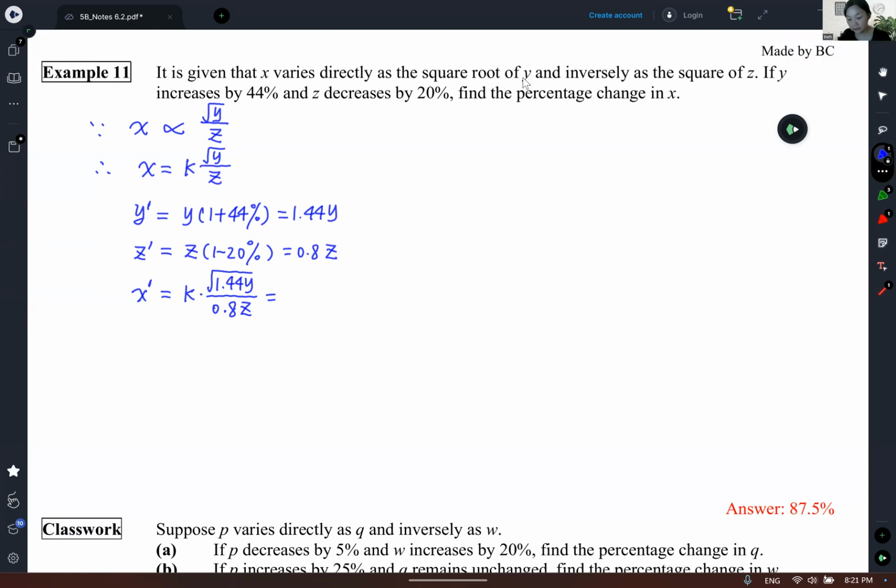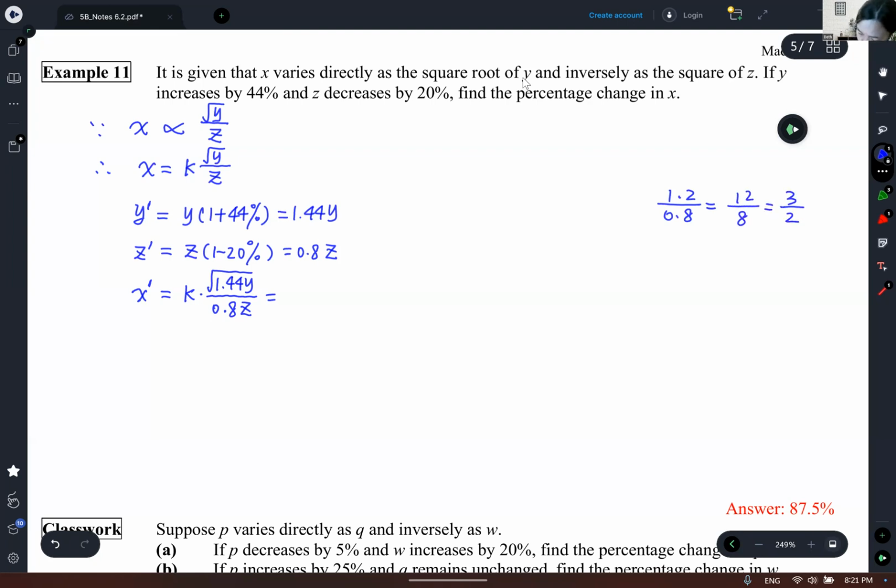Am I wrong? I hope I'm not. What is that, 85%? 1.44. That's 1.2.